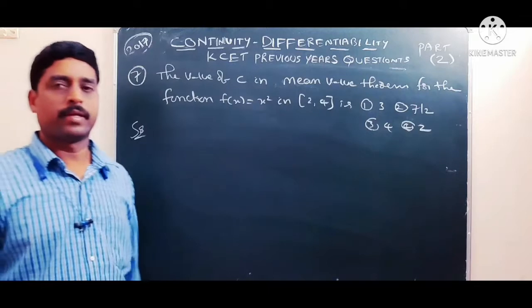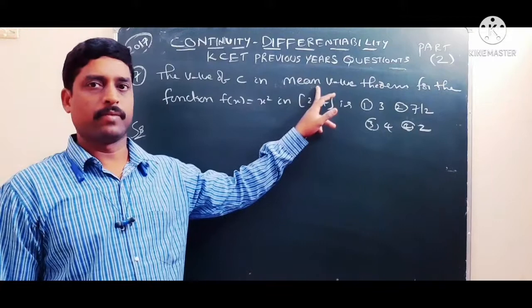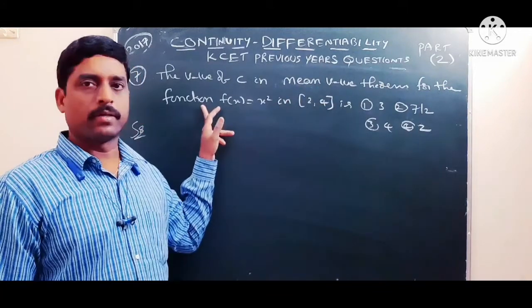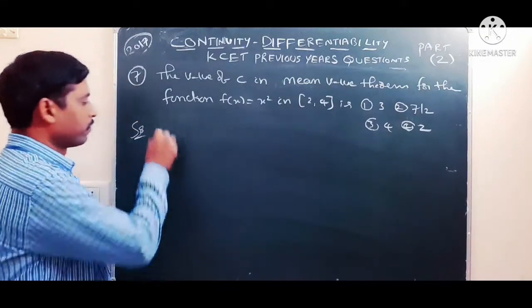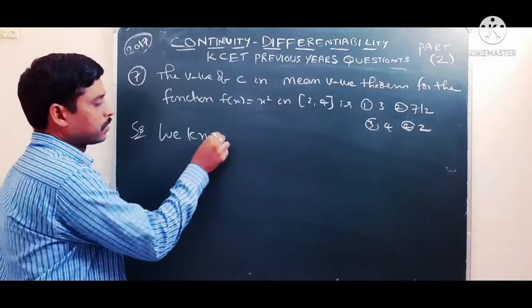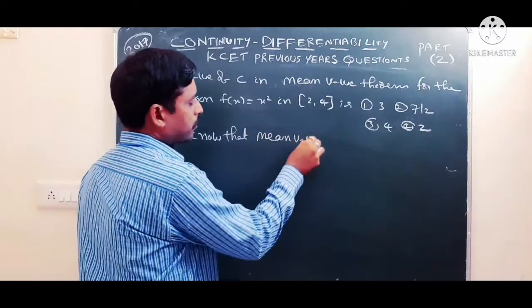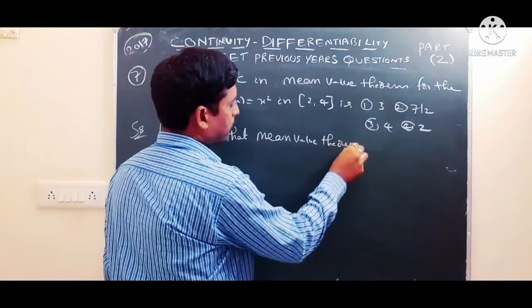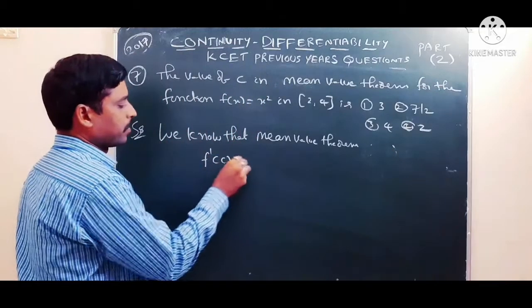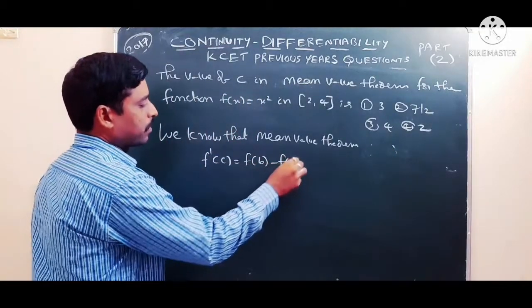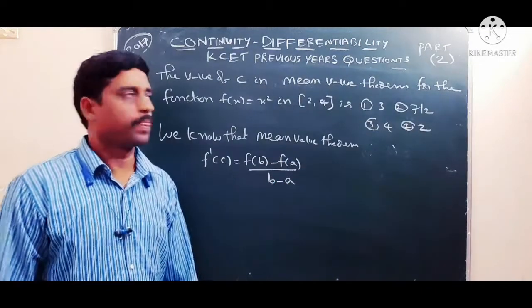This is from 2017. The value of c in the mean value theorem, Lagrange's mean value theorem. Given the function f of x is equal to x square in the interval 2, 4. We know the mean value theorem formula: f dash c is equal to f of b minus f of a by b minus a.